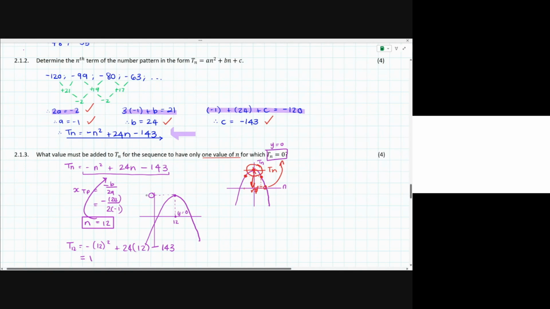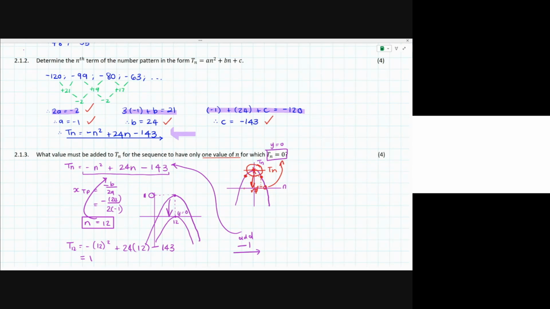So this y coordinate here is at 1, which means I need to shift this whole parabola 1 unit down so that it now sits on the x-axis where y is equal to 0. So I essentially need to subtract 1, or add negative 1, to this equation to shift it down enough so that my turning point sits on my x-axis.